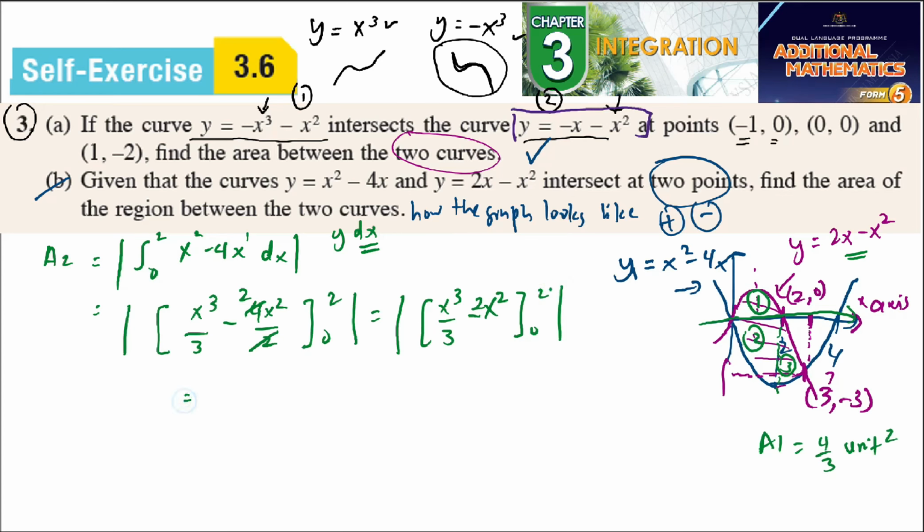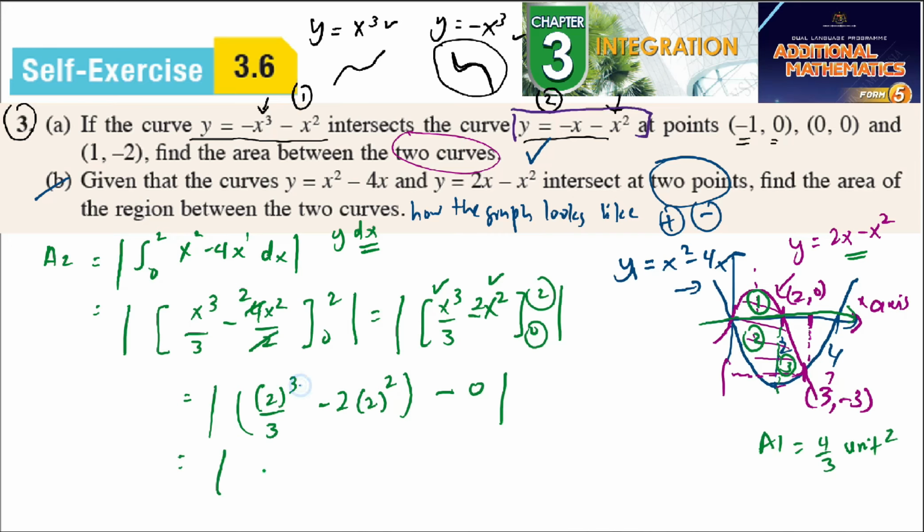So first you substitute x with 2. So here you have 2 cubed over 3 minus 2, x is 2 squared, right? So this is the first one, and then you minus, you substitute x with 0. So we know that when we substitute this one with 0, we get 0. We substitute this one with 0, we get 0. So it's actually 0. So this one is modulus.